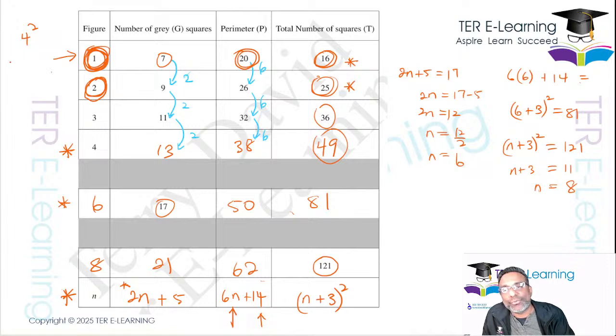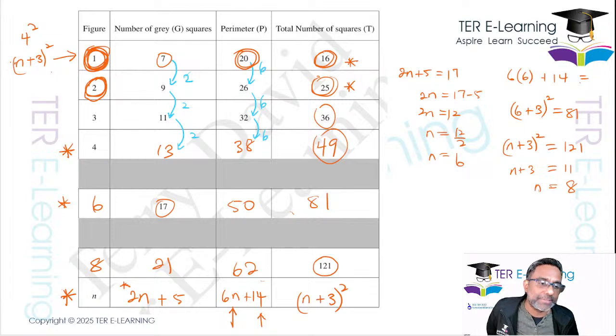So that figure number needs to appear in the formula. So if I put the figure number n here, and I intend to get 16, I need to add 3 to this, because 1 plus 3 is 4, so 4 squared is going to give me 16, right? These questions, you have to reason out certain things, right?